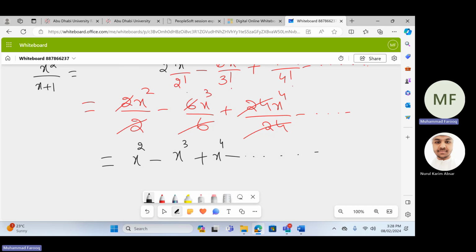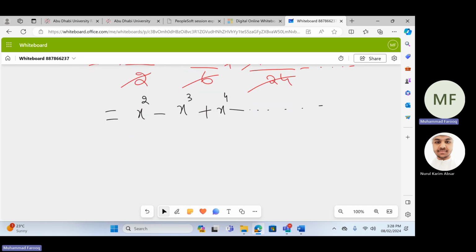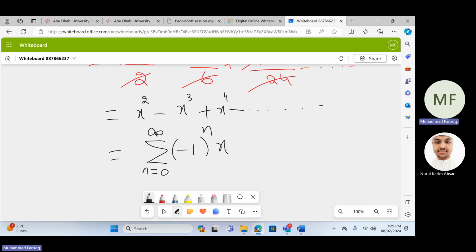So do you have the sign controller? Yes. Okay. So first of all, apply sigma, n equal to 0 to infinity. Just check, don't worry. When we cross check, then we see x power n. First we add the sign, negative 1 to the power of n, and x power n.